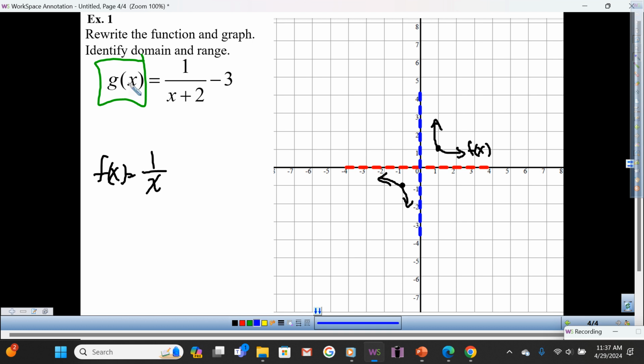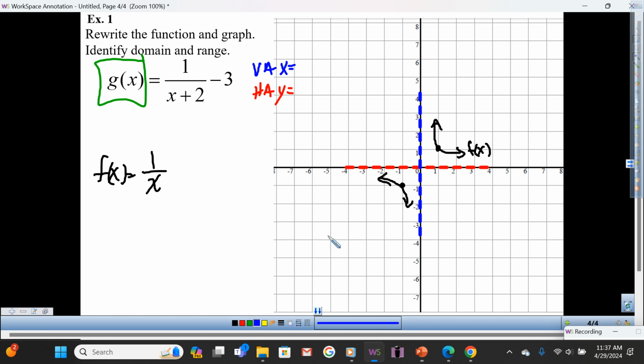So here we go. For the transformation, what is the VA and the HA? Tell your neighbor, please, and then Brandon's going to enlighten us. VA and HA. What is our VA? What is our HA?